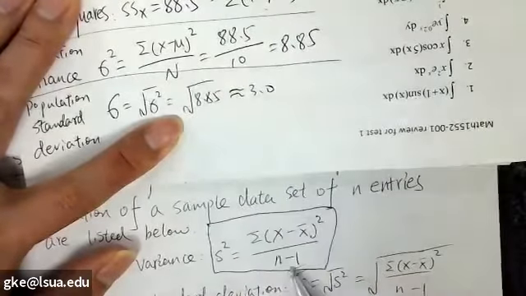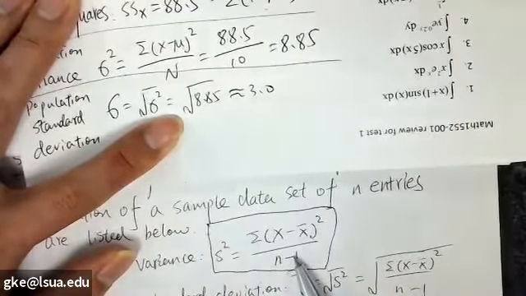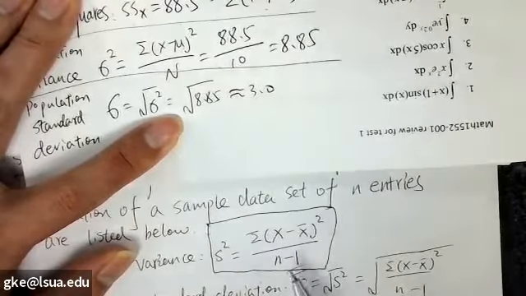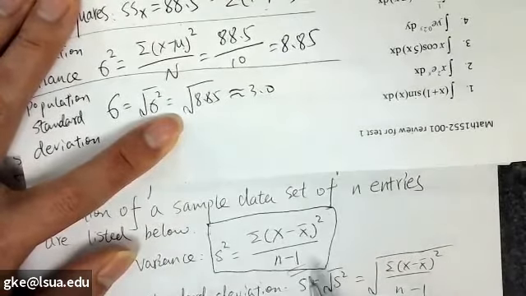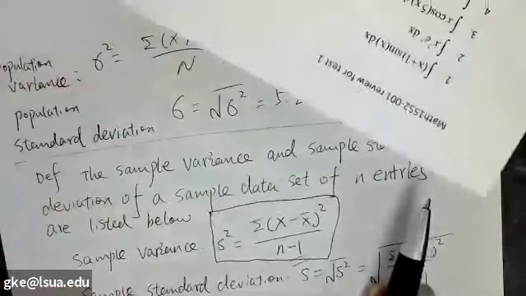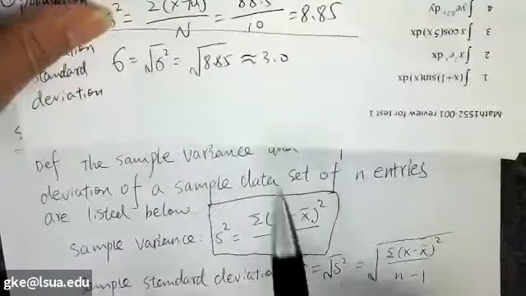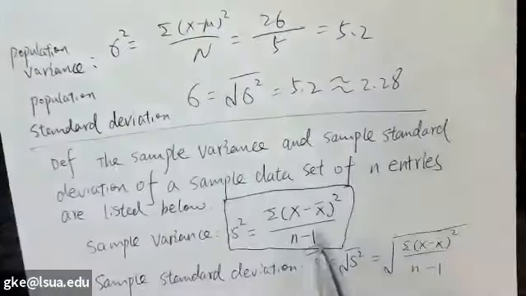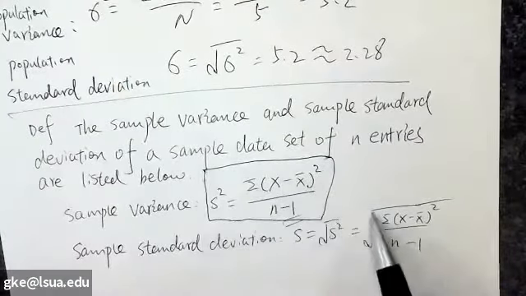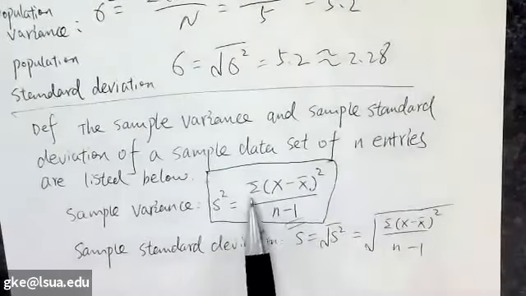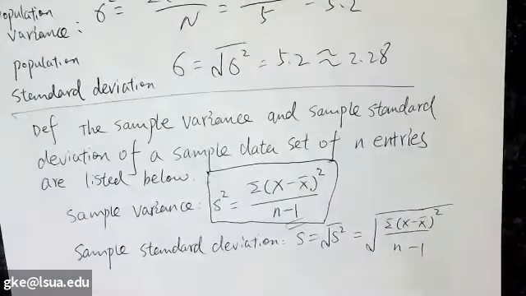For the sample variance, we need to divide by the number of data sets, subtract 1. That's the big difference between these two. And for the sample standard deviation, after you get this, just do the square root. That's it. Now let's take a look at an example.